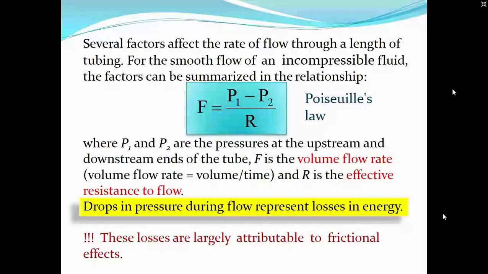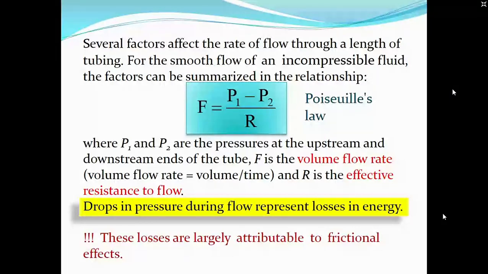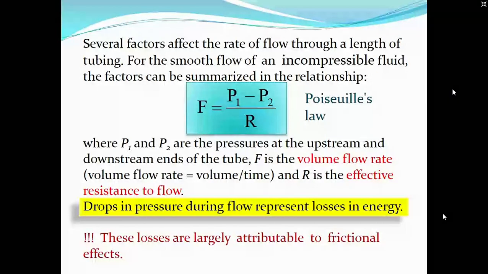Poiseuille's law, which determines volume flow rate. So pay attention, this F is not force. In physics, we may use one and the same symbol for different things. There are many examples you'll see in the course.